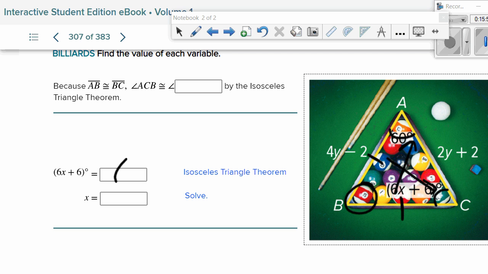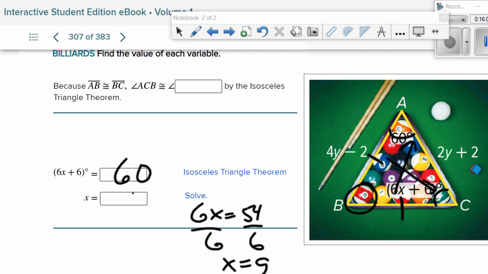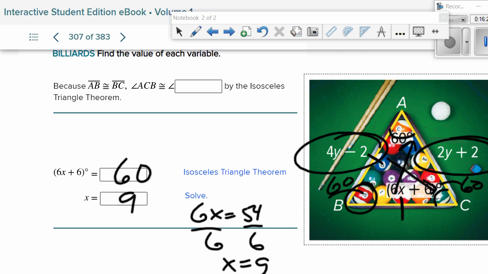So that's going to be 60. I can subtract 6 from both sides and get 6x equals 54, and divide both sides by 6, I get 9. So if that's 60 and this would have to be 60 also, that means this is 60. So this side and this side should be the same now.